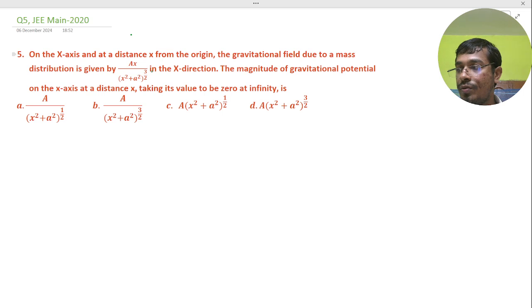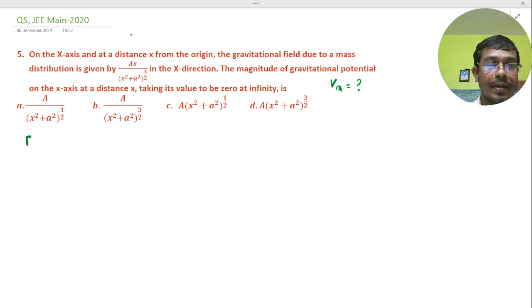The magnitude of the gravitational potential on the x-axis at a distance x, taking its value to be 0 at infinity, is what? Basically we have to find the gravitational potential on the x-axis at a distance x. Basically we have to just find Vx is equal to what?